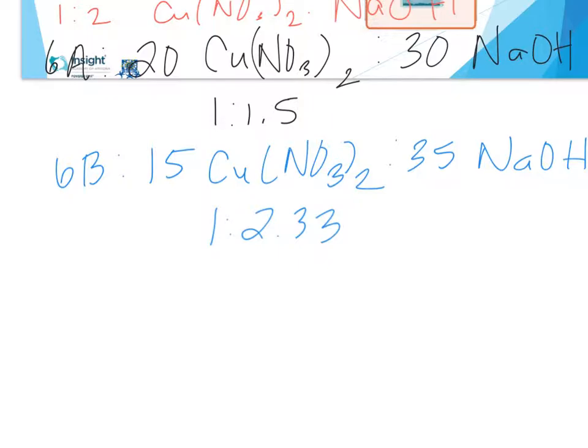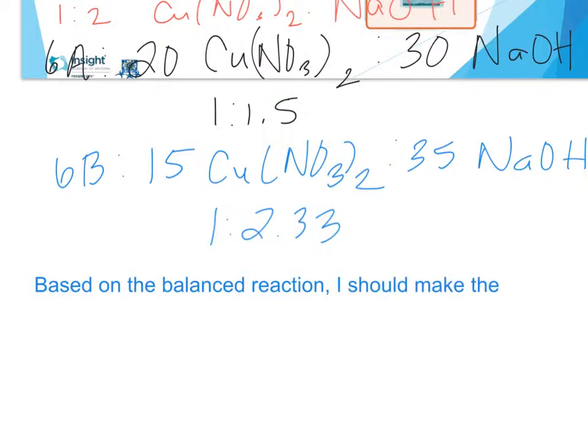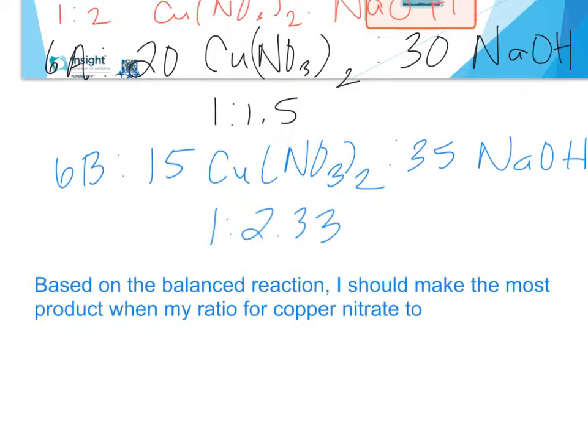So what I would say is, based on the balanced reaction, I should make the most product when my ratio for copper nitrate to sodium hydroxide is 1-to-2.